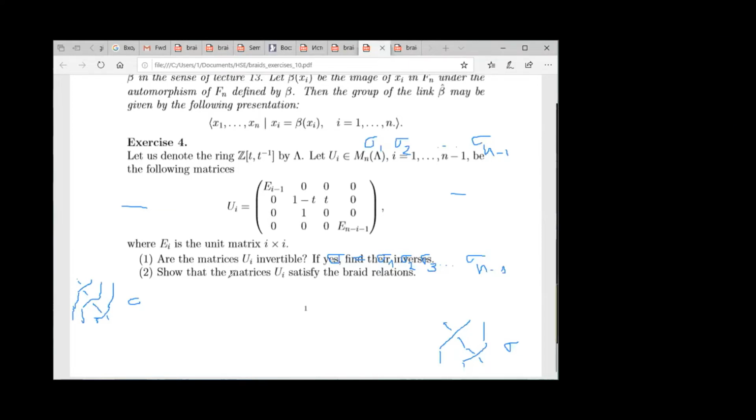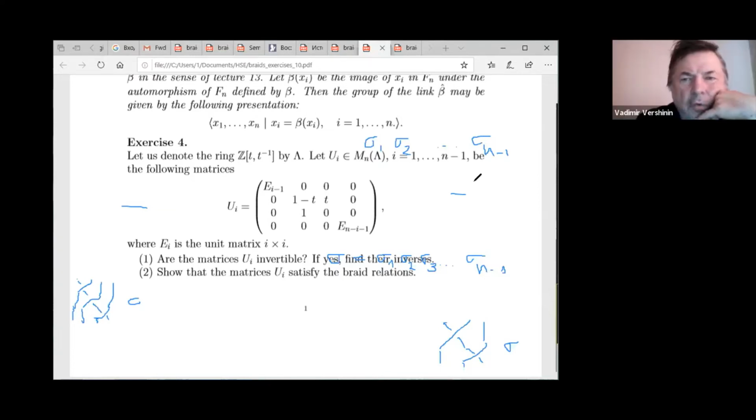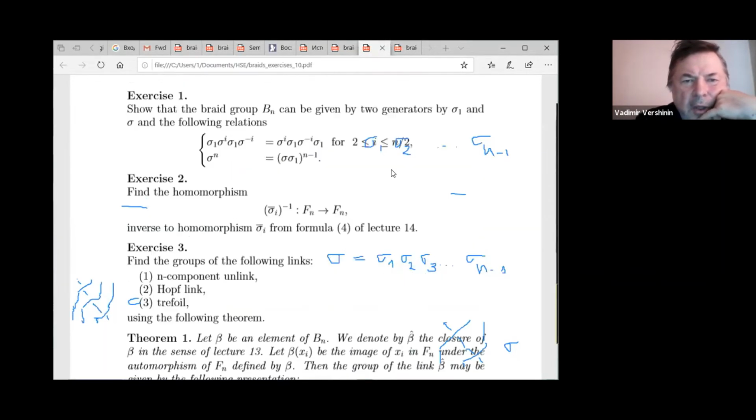I have a problem with sound. Repeat the last couple of minutes. Okay, so Tatiana, we are considering this presentation for the braid group, the presentation which is economic from the point of view of generators.